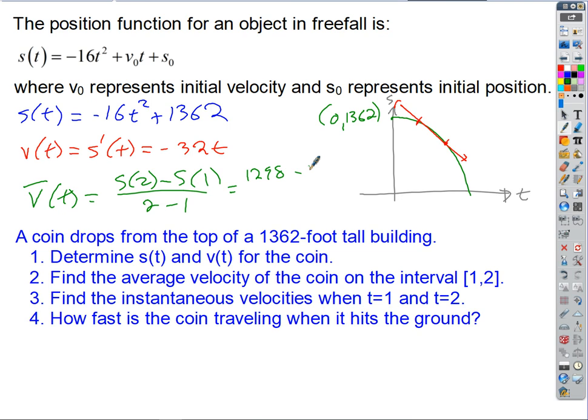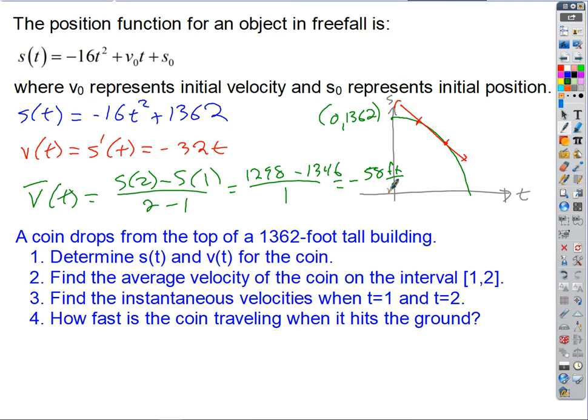Is that right? Over 1 is what? Negative 58? Good, I feel better about that. Negative 58 feet per second is my average rate of change.